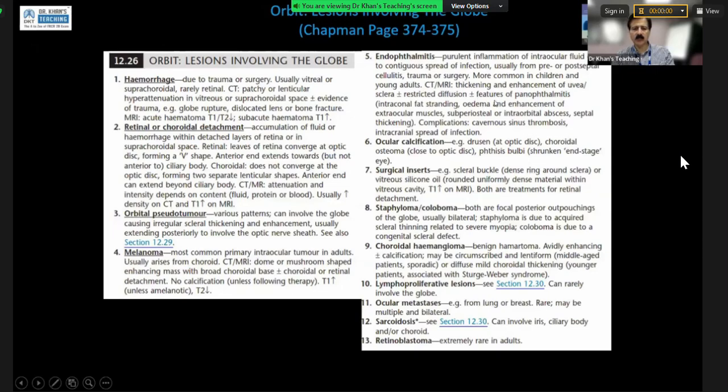Even here, look, thickening and enhancement of the uvea and sclera, restrictive features of panophthalmitis, intraconal fat stranding, edema, enhancement of extraocular muscle, subcortical intraocular abscess. Look at this, cavernous sinus thrombosis, intracranial extension of infection. So that was the idea to show this case.